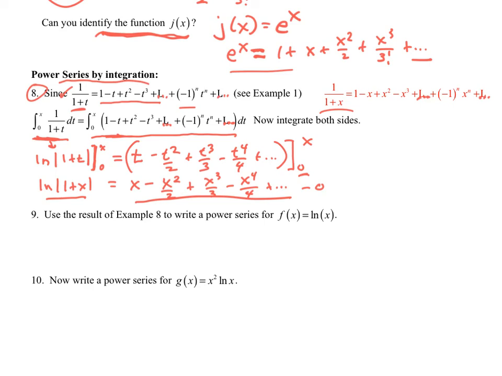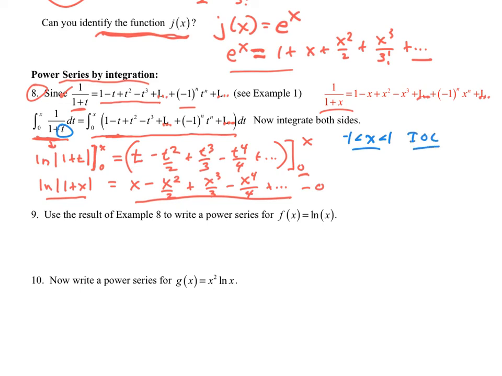Now we do have to realize our interval of convergence for this thing. So if we look at this, this is our x between -1 and 1 because I have the negative t value in here, or whatever, x or t, and we take the absolute value of that and it goes away, but I'm going to end up with x between -1 and 1, and that is our interval of convergence.